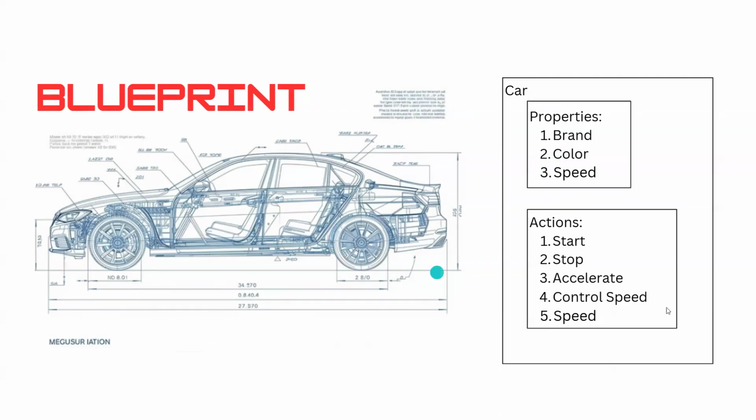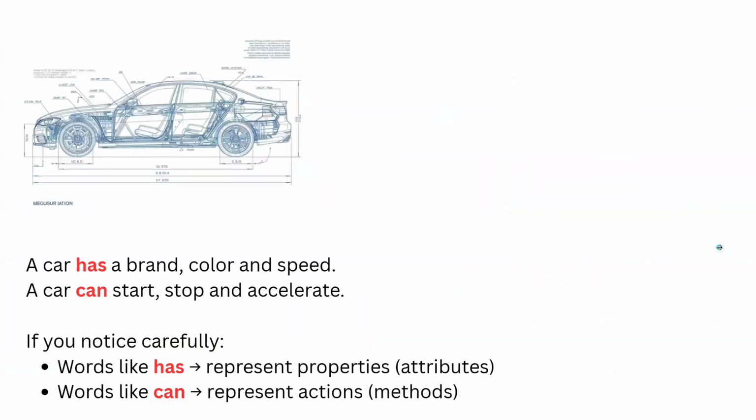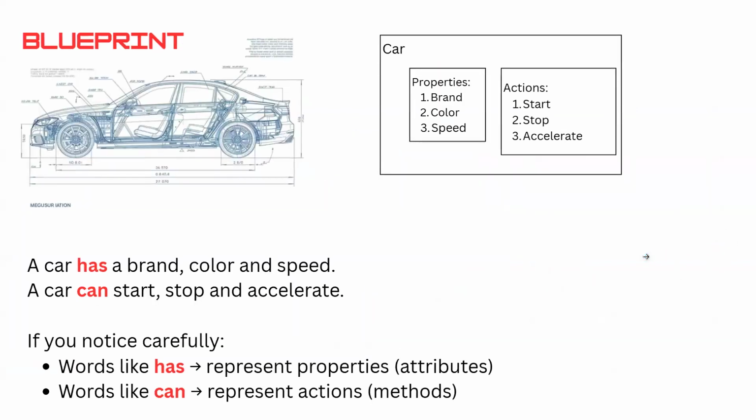Now, if we try to understand in detail, this particular blueprint, the car, has a brand, a color, and speed. And also, a car can start, stop, and accelerate.